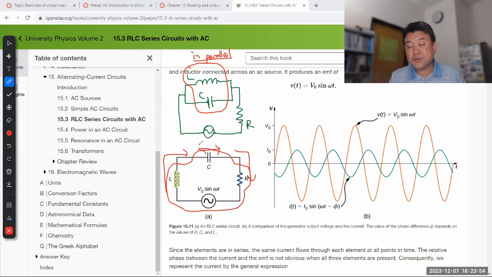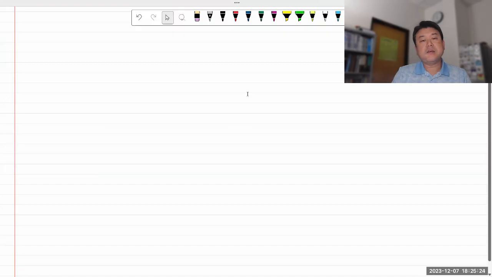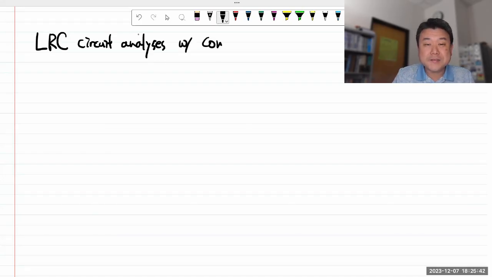And then we'll go on from there to analyze these new circuits and see how their behavior is different. I want this lecture topic to be LRC Circuit Analyses, plural, with complex impedances.